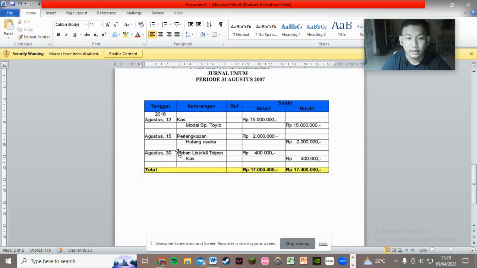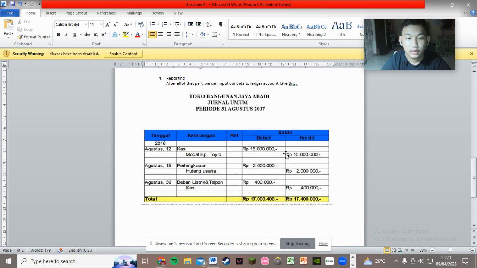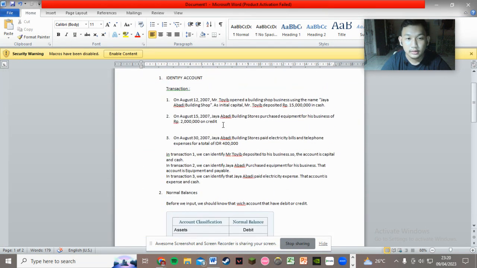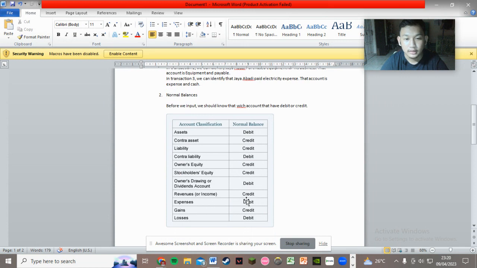Okay, the third one is the electricity expense and the cash. We can look at this. The transaction is that Jaya Abadi Building Store paid electricity. Because of that, Jaya Abadi will decrease their cash, and their expense will be increased like this.